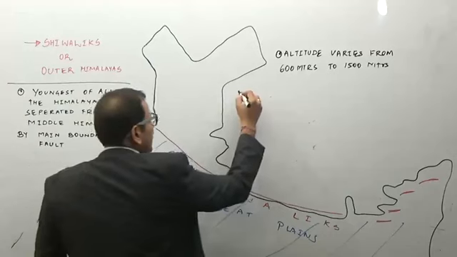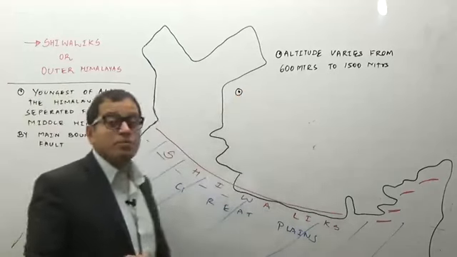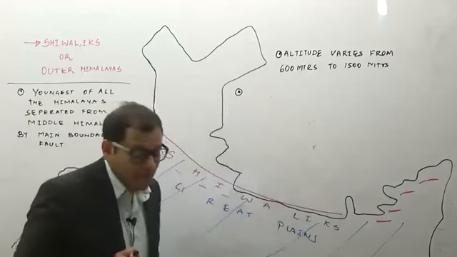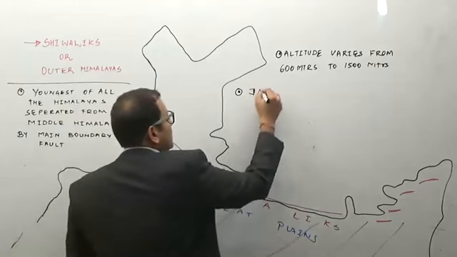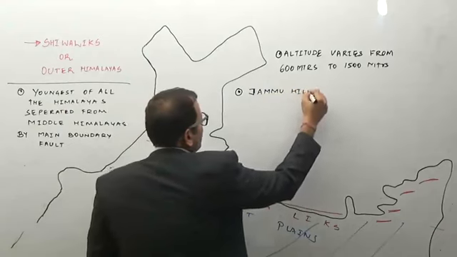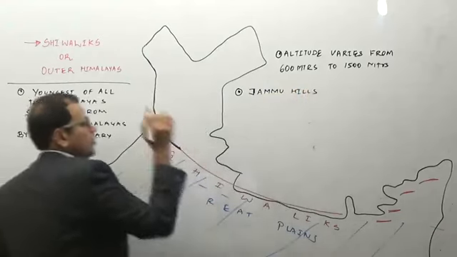Now the Shivaliks have been given different names, and this is what is important for you from the exam point of view. For example, they are known as Jammu Hills in the Jammu and Kashmir region.